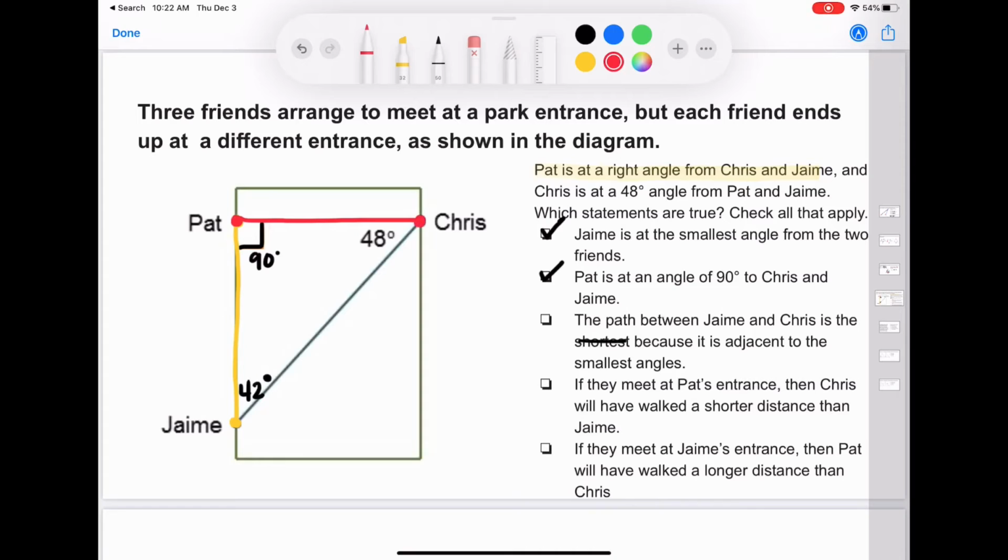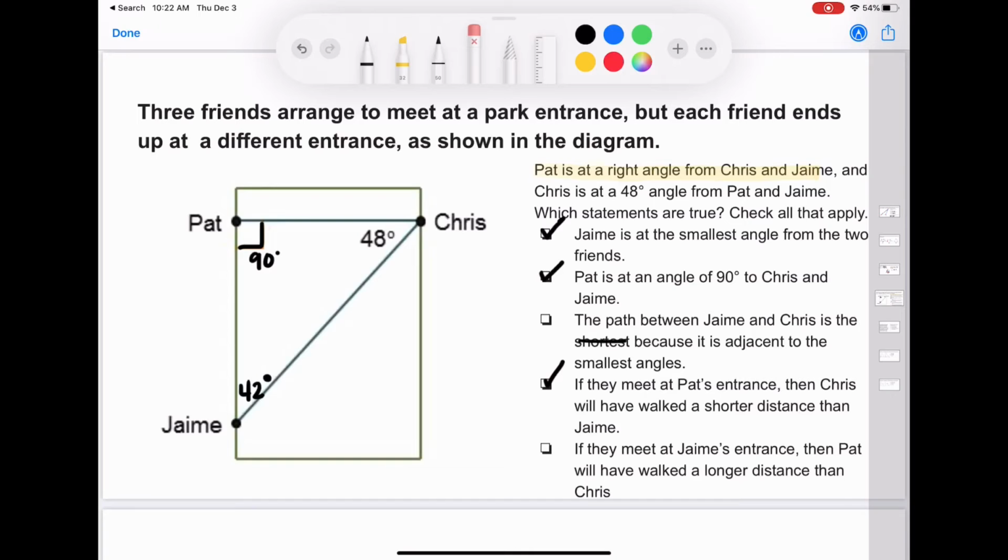And so we want to see if Chris will have to walk a shorter distance. Well, what we learned is that the shortest distance, or the shortest length, is across the shortest angle. And our shortest angle is 42 degrees, so therefore Chris would in fact have to walk a shorter distance than Jamie. And so therefore we can select that as an answer choice. Let us go ahead and look at the next statement.